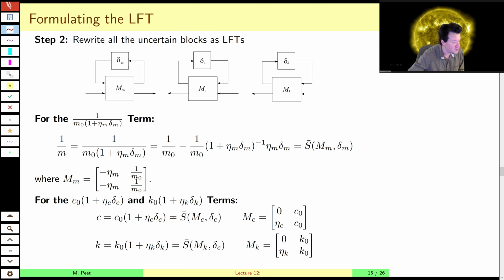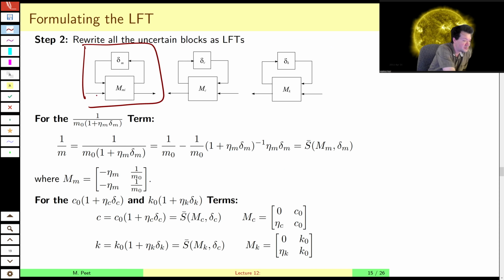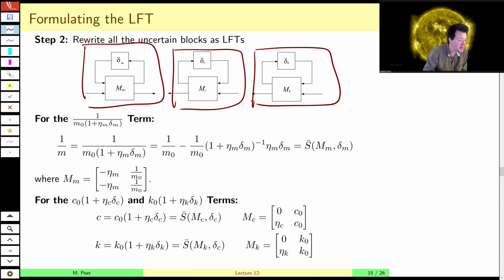And of course, once you've done that, right, we can do the LFT on each of those parameters in isolation, right? We know how to do additive uncertainties. That's what we have on C and K, sorry. Right, additive uncertainties.